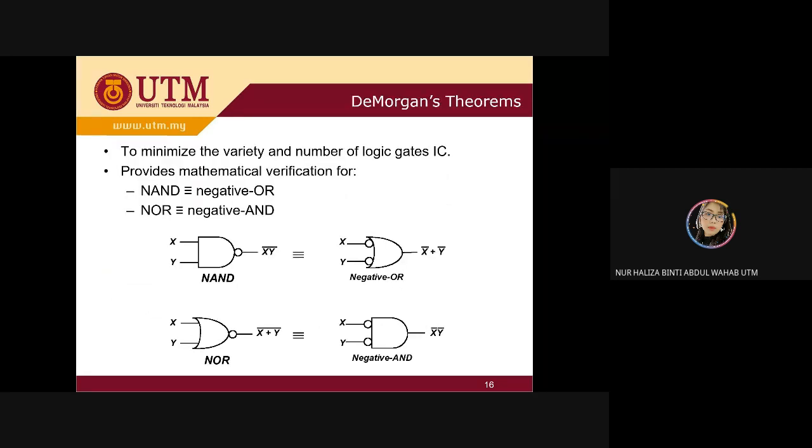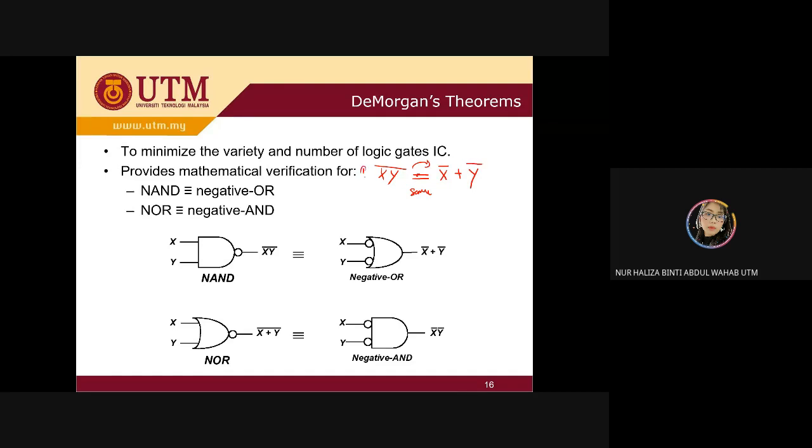Okay, now we're going to move to our new theorem. Yesterday also I already gave a teaser. I already said, okay, this is how the theorem looks like, which is when you have (x.y) bar, you're going to change or convert it into x bar plus y bar.